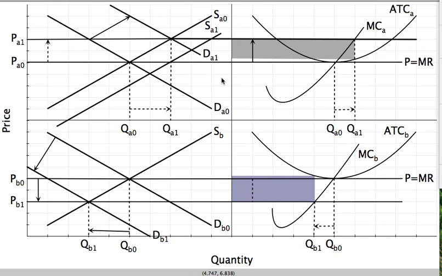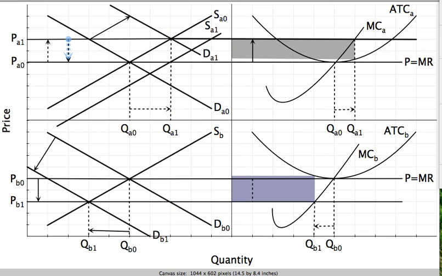So the supply curve shifts outward until what happens? The price goes back to that original price. It goes back to the price where there are zero economic profits. So the price goes up and the quantity increases, and then when the supply curve goes outward, we stay at the same quantity, but we end up seeing that the price decreases.